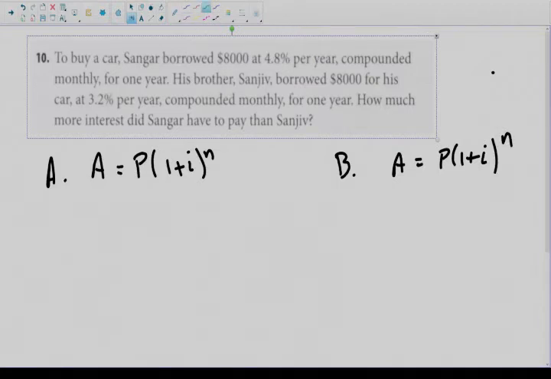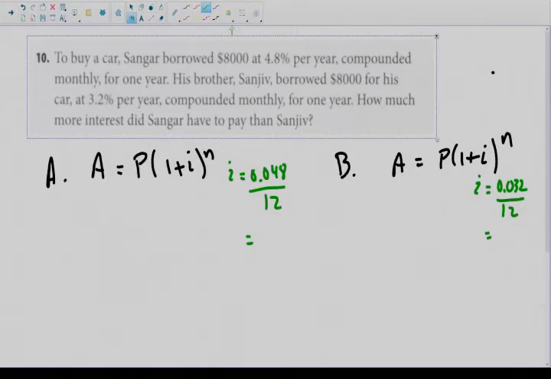So let's calculate our I and our N for both scenarios. So I for the first scenario is 4.8%, which is 0.048, compounded monthly, which means divided by 12. I for this one is 3.2%, so that's 0.032, compounded monthly, so that's also divided by 12. So I'll do those two calculations quickly on the calculator off to the side.